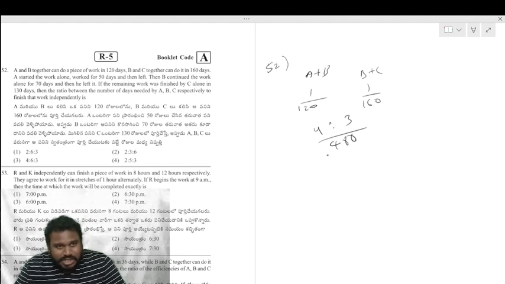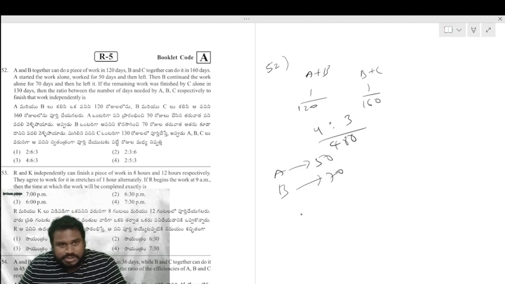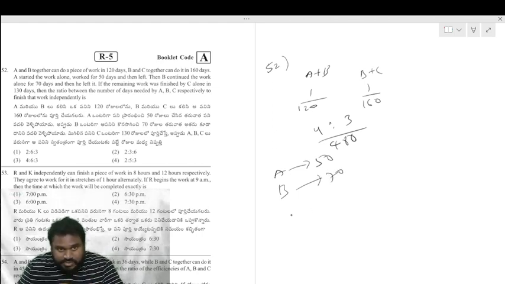A started the work alone and worked for 50 days. B continued the work alone for 70 days and then left it. The remaining work was finished by C alone in 130 days.